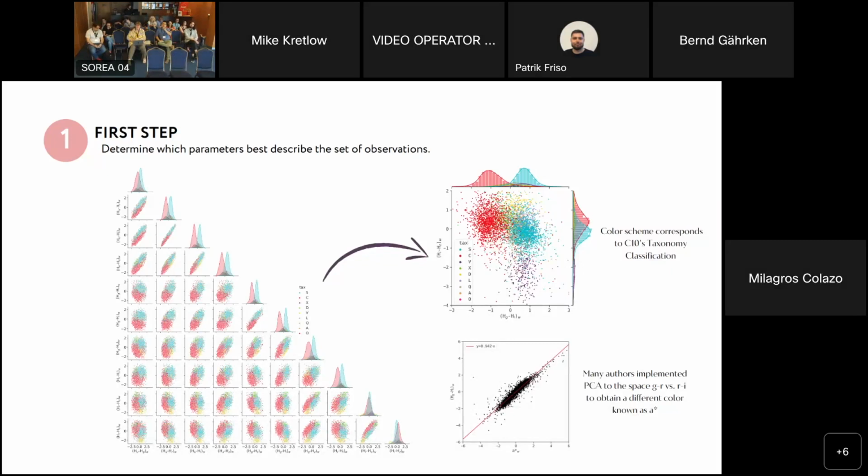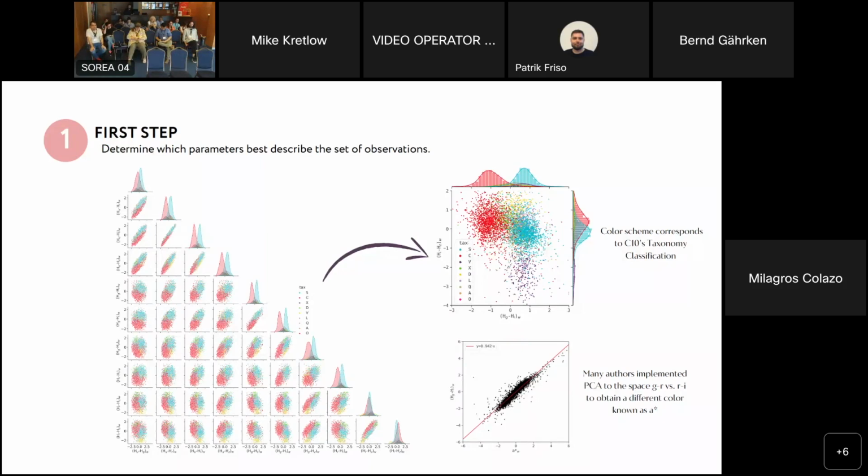Now we can see the first step. So the first step is to determine which parameters best describe the set of observations. So we looked at which combination of colors best separates the taxonomic types. And we found that the HG minus HI and HI minus HZ were the best colors to separate our clusters.